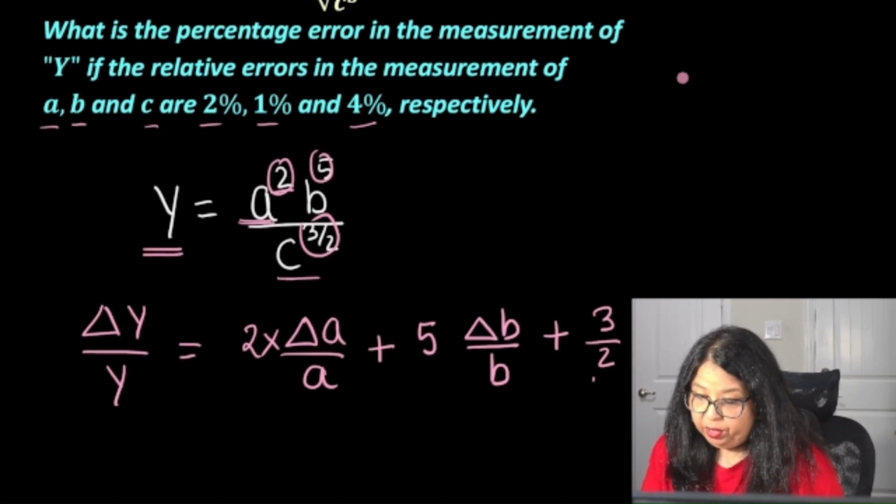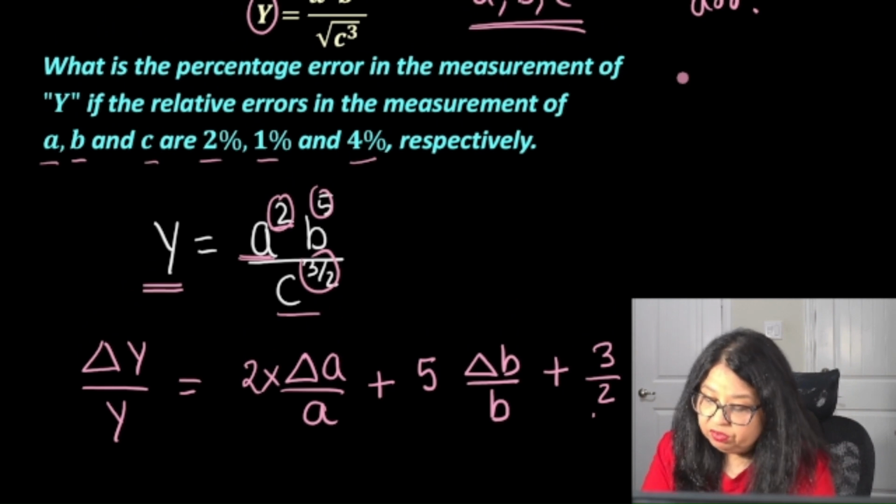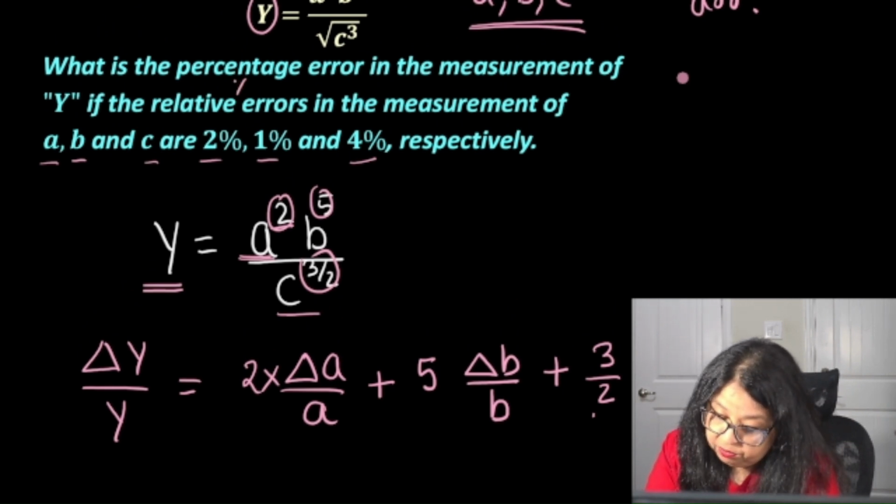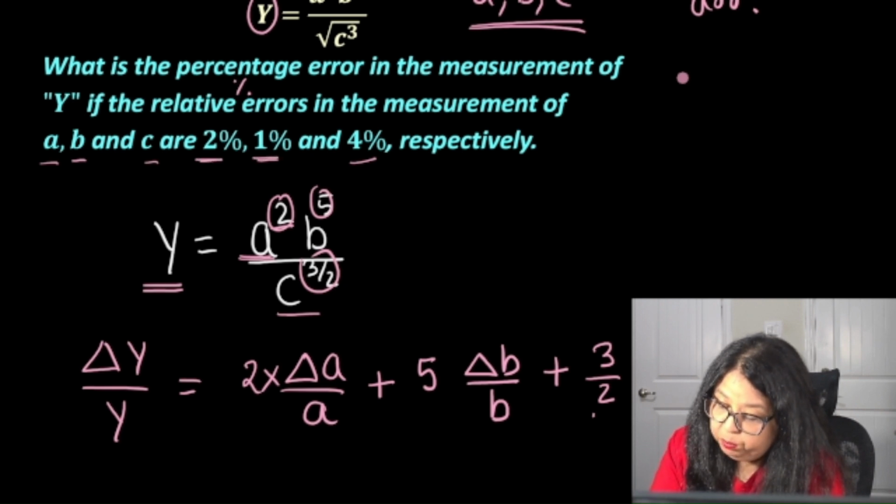So what we are given are the relative percentage errors in A, B, and C: 2%, 1%, and 4%. And we are asked to solve for the percentage error in the measurement of y.